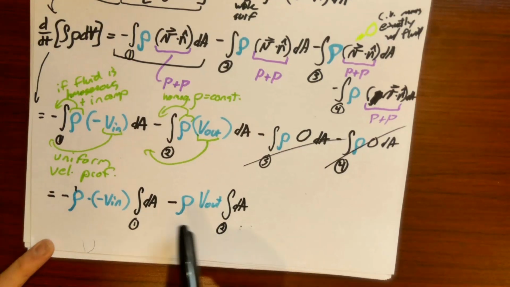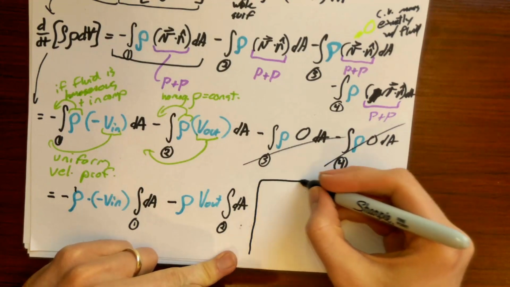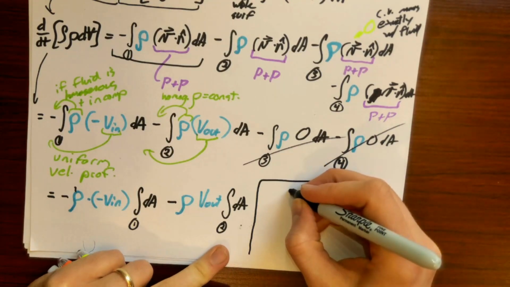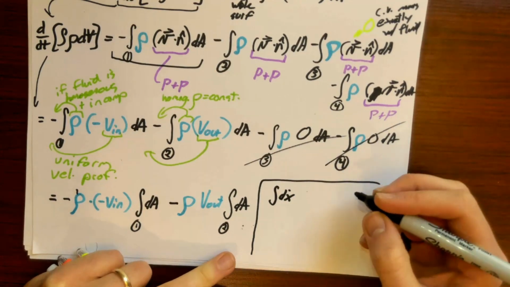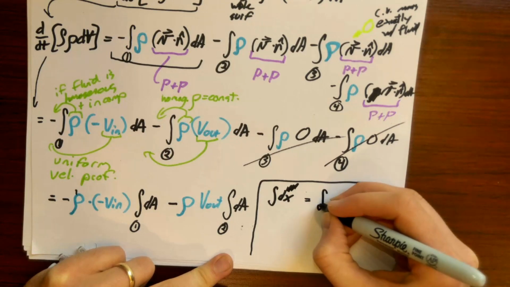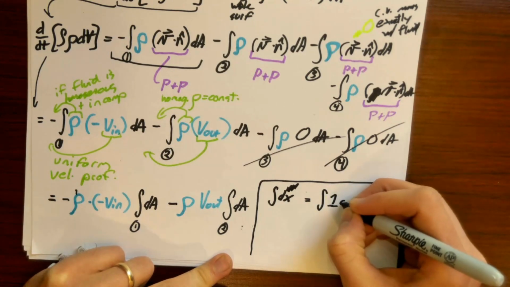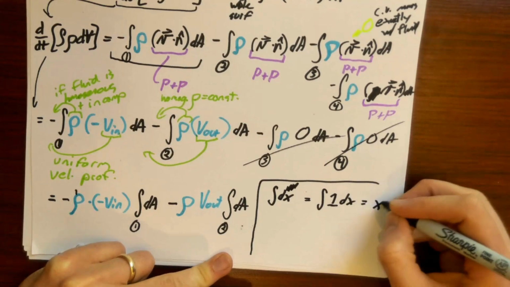So, how do we deal with these integrals where it's just dA? Well, if you remember back to high school calculus, if you just had the integral of dx, you could imagine this as an integral of 1 dx. And if you integrate 1 with respect to x, you get x.